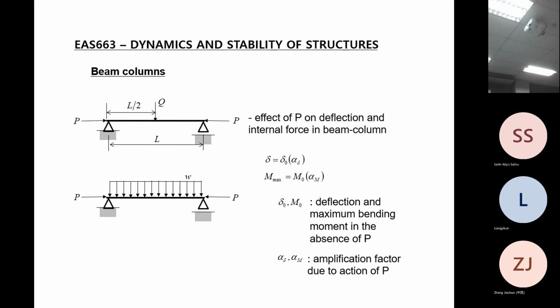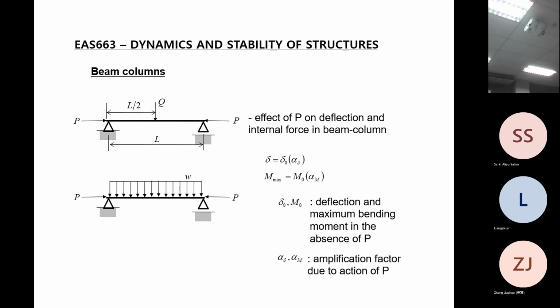If this is small, then the amplification factor might be small. If this is getting larger compared to the critical load of this column, then the amplification factor might become larger. But how does the amplification factor look like? That is the next thing we are going to look at when I meet you again next week.